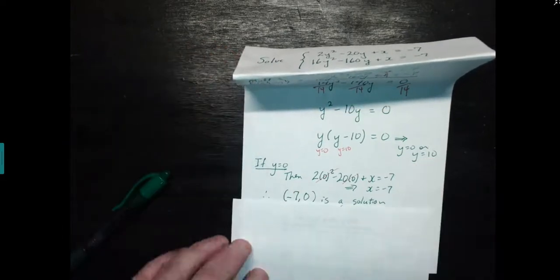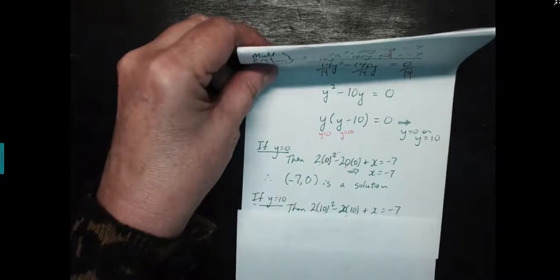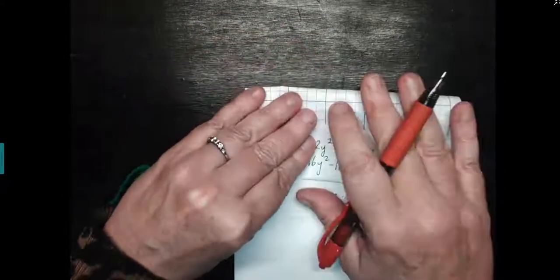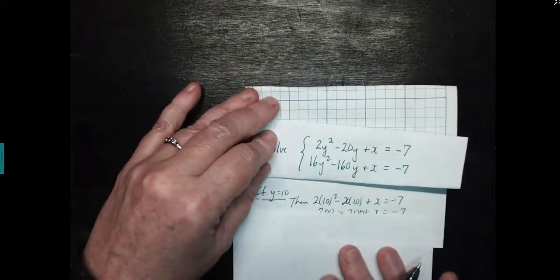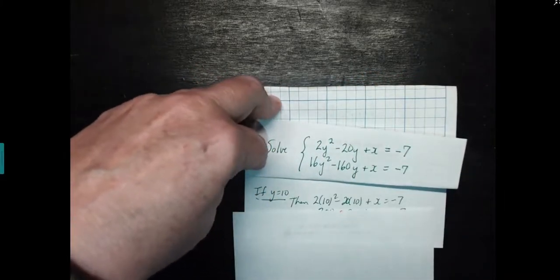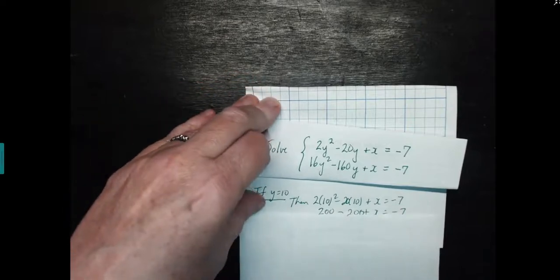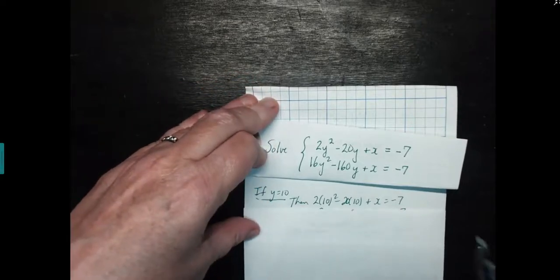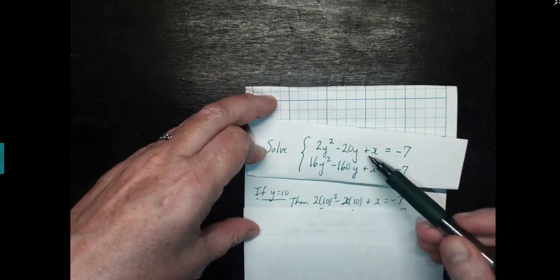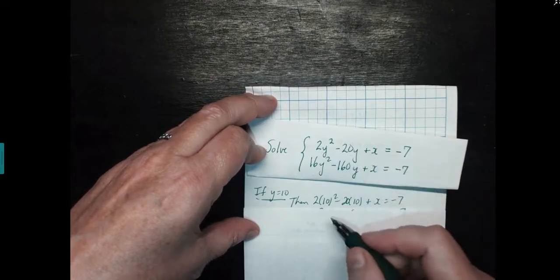And then we also had that y was equal to 10. Well, what happens if y is equal to 10? Again, I'm going to plug that back into that first equation. So if y is equal to 10, I'm going to have 2 times 10 squared minus 20 times 10 plus x is equal to -7.